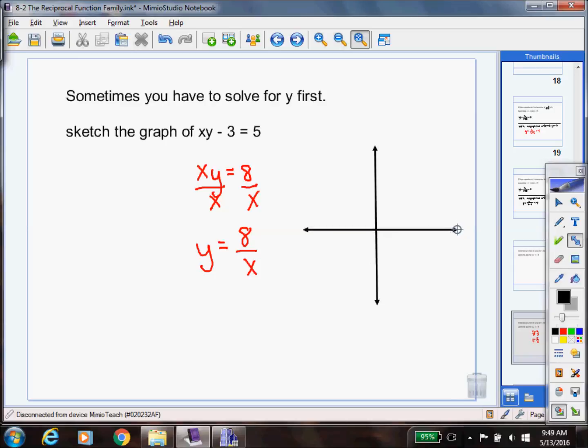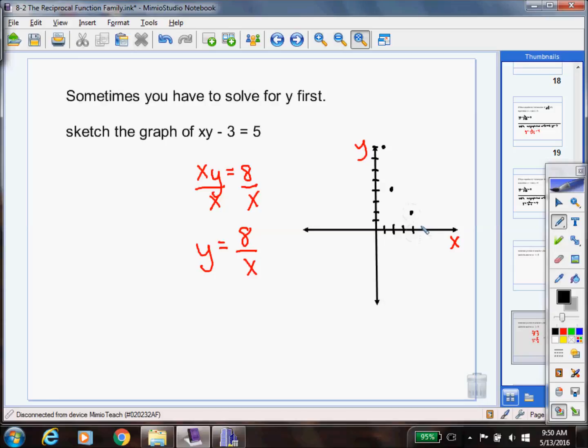If you recall from what we did before, you may have noticed that the product of x and y always turns out to be the same number. So in this one, we're looking for the product of the two numbers to come out to equal 8. So when x equals 1, y is going to equal 8, so we have the ordered pair 1, 8. When x equals 2, 8 divided by 2 is 4. And when x equals 4, we get a 2.